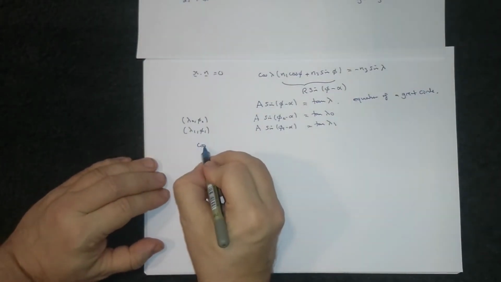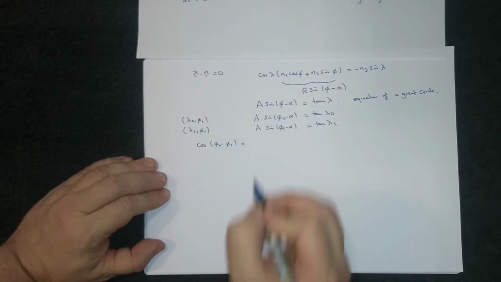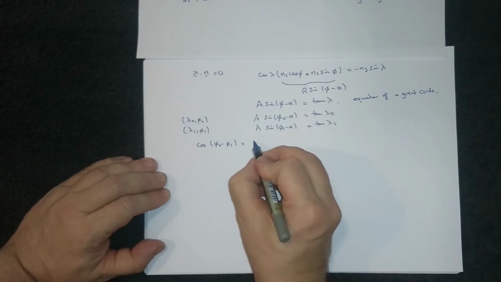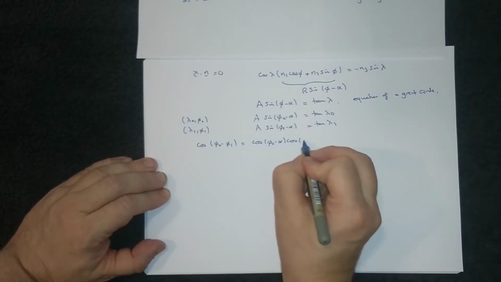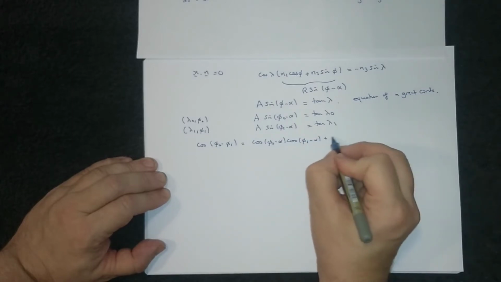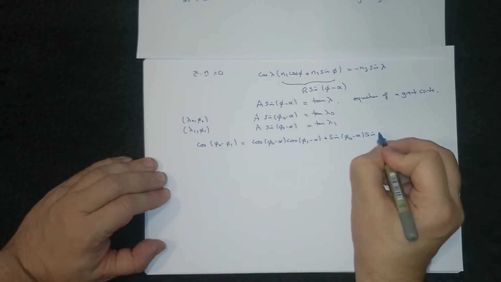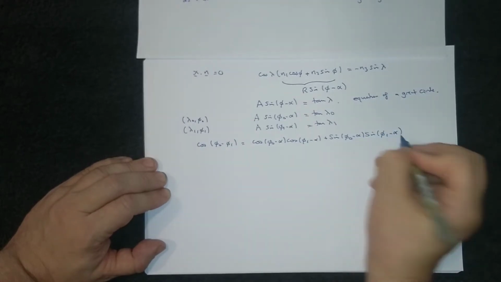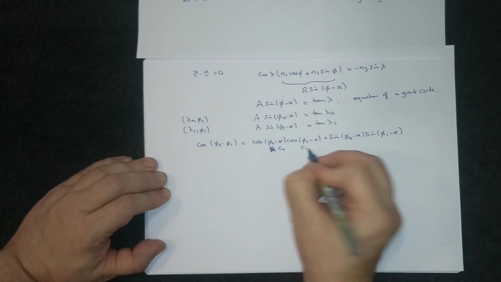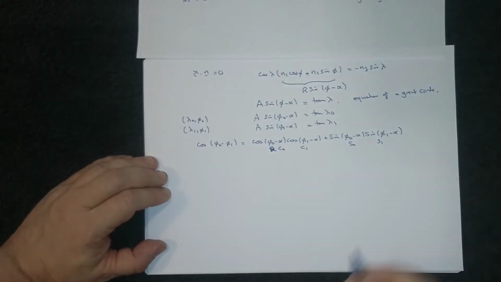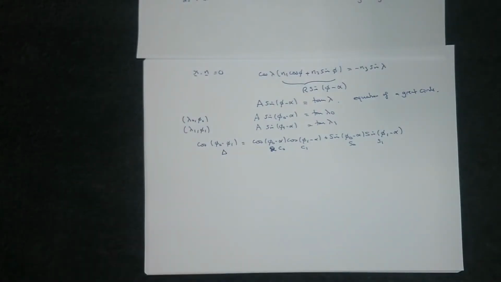What I'm going to do is use the cos of the difference is cos plus sine. I'll call that thing C0, C1, S0 and S1, and I'll call that quantity capital delta.